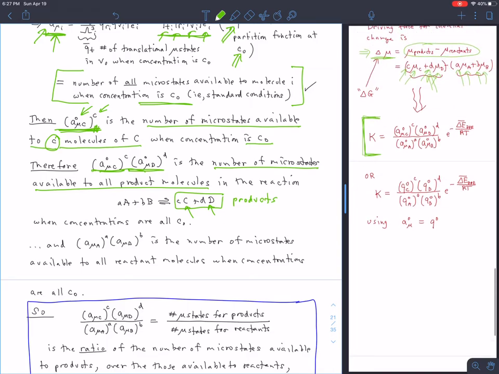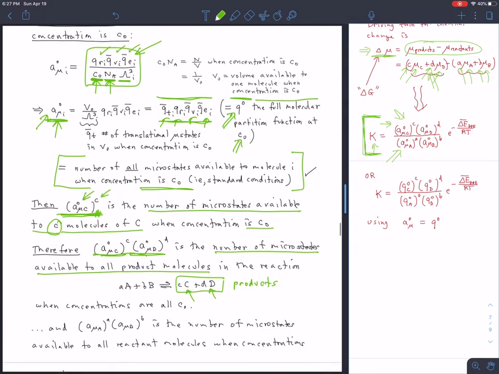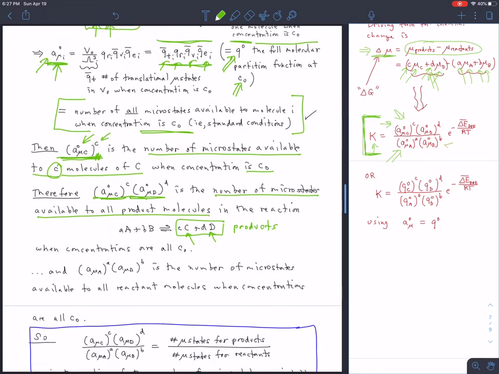And notice, that's the quantity that's up in the numerator of our equilibrium constant. So the numerator here is just the number of microstates available to the products. If we use the same logic now on molecules A and molecules B, then what's down in the bottom, underneath, is just the number of microstates available to the reactants.